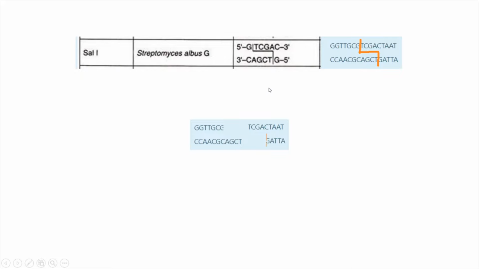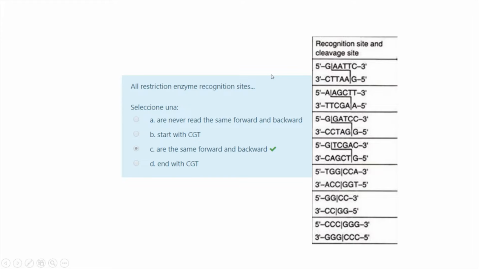Just one particular thing, that every area that a restriction enzyme recognizes is going to have this particular characteristic. Okay, so that's another enzyme that is going to leave sticky ends, those nucleotides that want to have a complementary one. So all restriction enzyme recognition sites are the same forward and backwards.